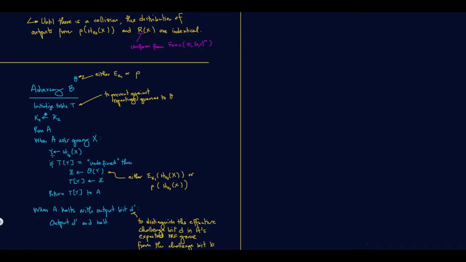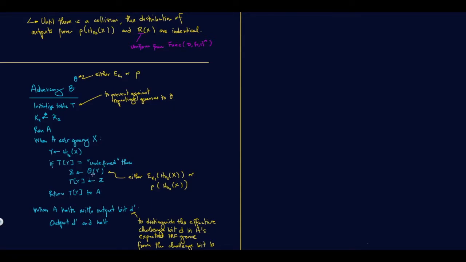And now here's where the table comes in handy. If the table at position Y is undefined, then we actually send Y up to the oracle to get a value, and we assign to the table at position Y that value. So really, what is this table T tracking? It's tracking the inputs and outputs of oracle queries that B makes to its oracle.